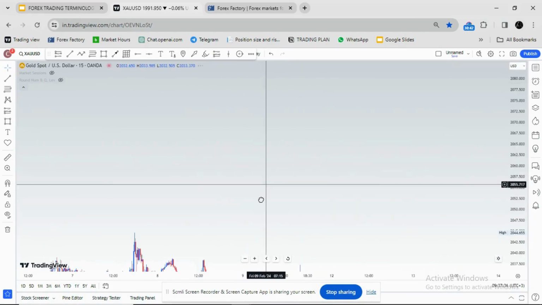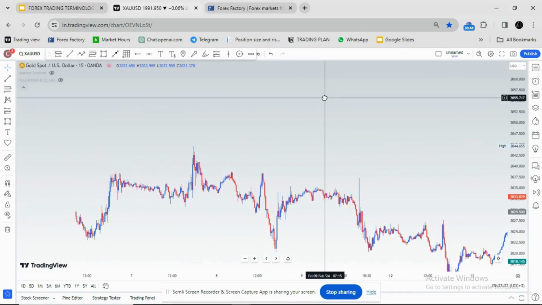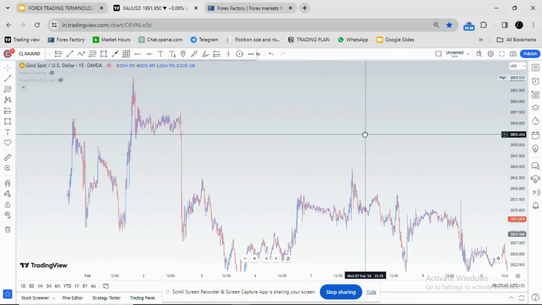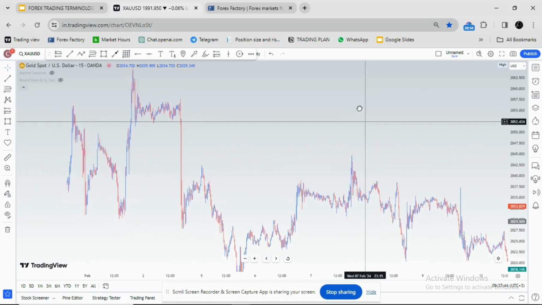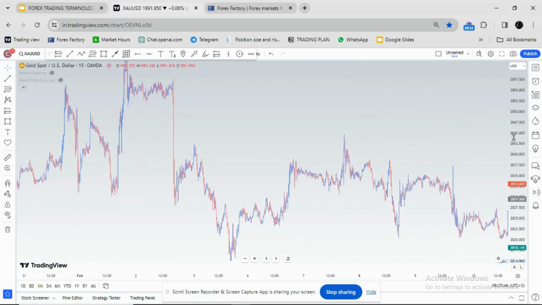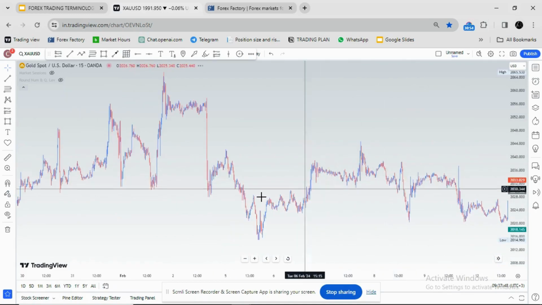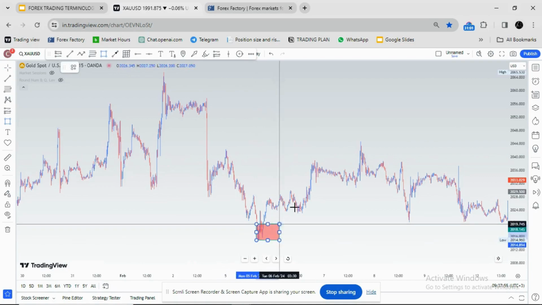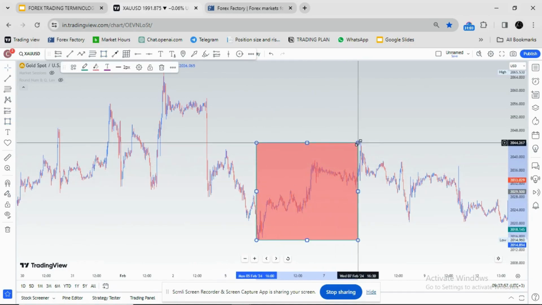I'm going to look for an example. Okay, let me use these two instances. We are going to look at gold from here to here.